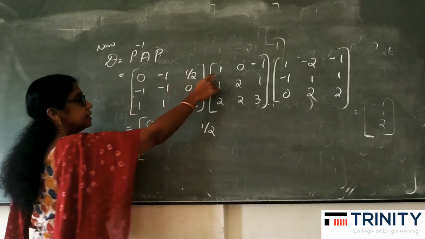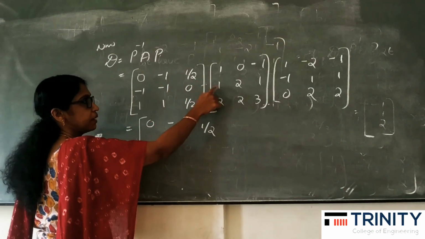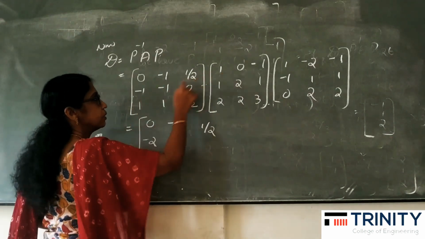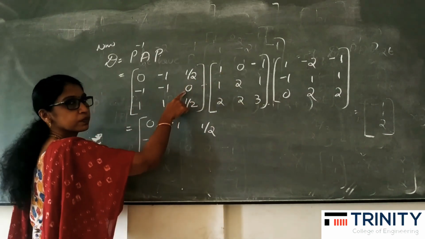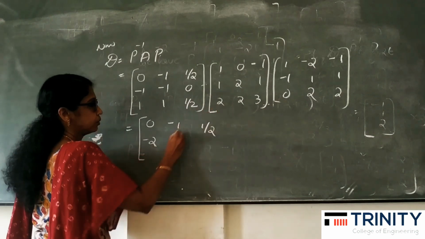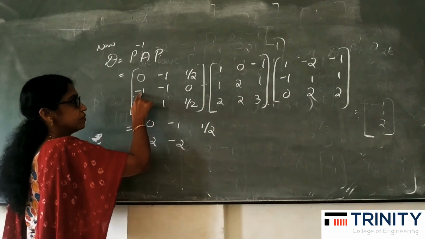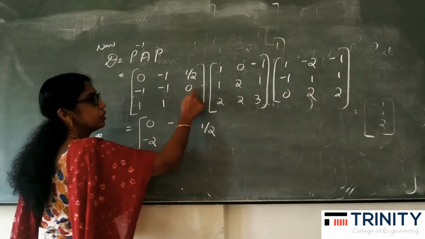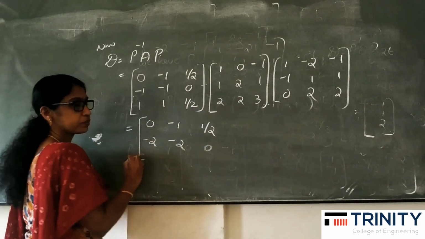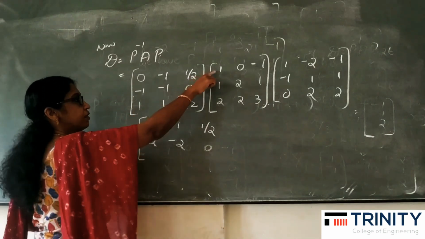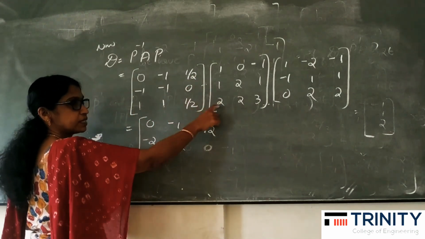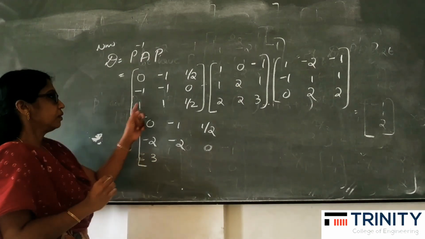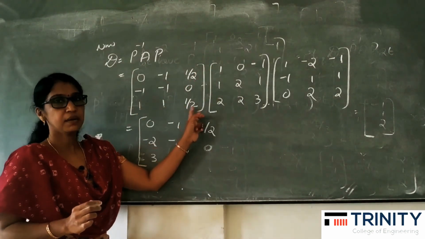Now the next row: minus 1, minus 1, minus 2 plus 0, that is minus 2. Next 0 minus 2 plus 0, that is minus 2. Last one, 1 minus 1 is 0. Then 1 plus 1 plus 1 is 3.